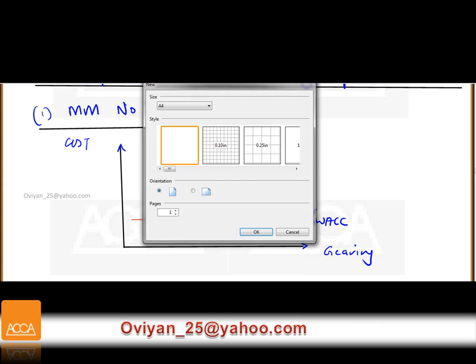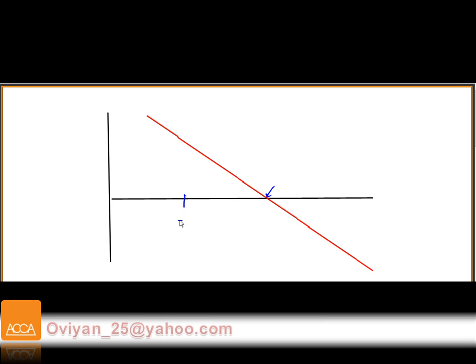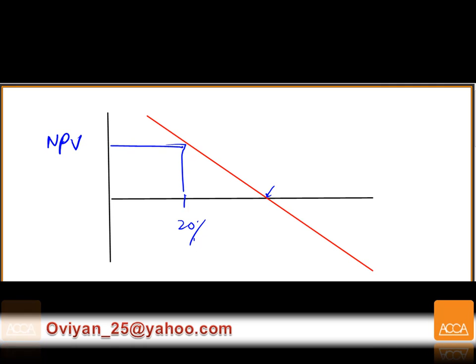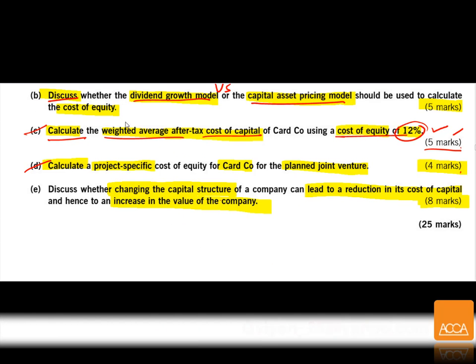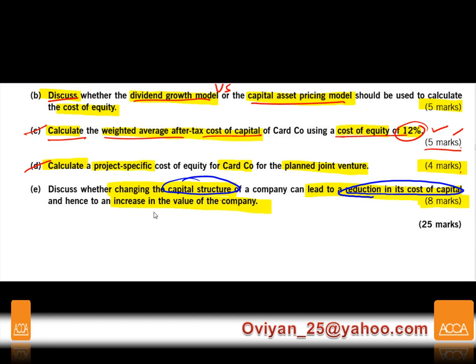So what am I trying to tell you here is that if you have a project with such IRR, this is your return of the project, and you are now discounting at 20%, this is going to give you your NPV. So we're trying to link the question here: capital structure, cost of capital, and also increase in value.